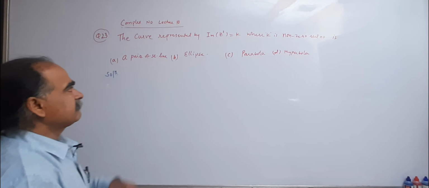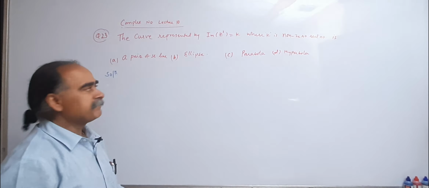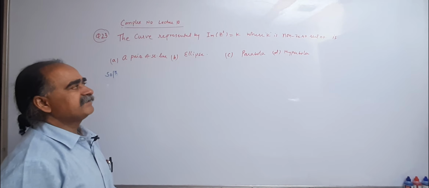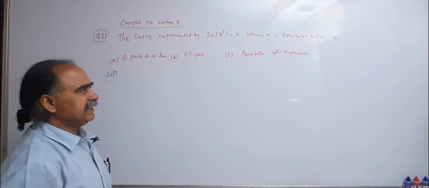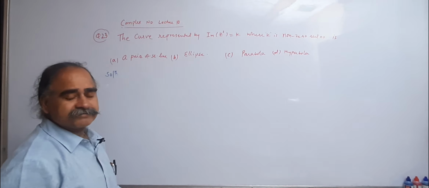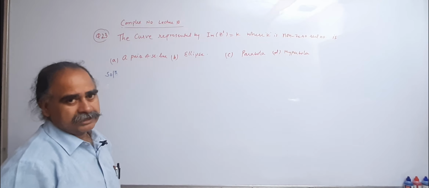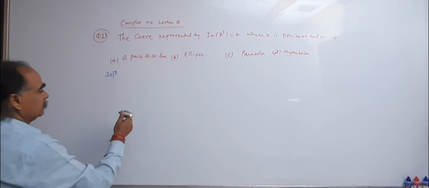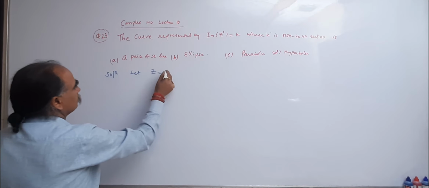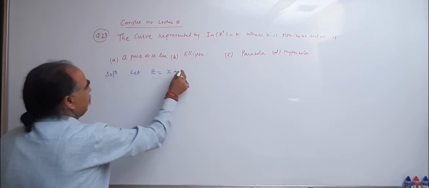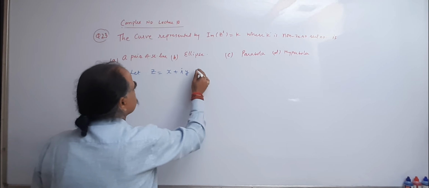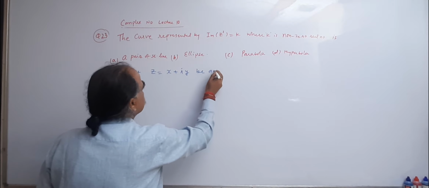The curve represented by imaginary part of z square is equal to k, where k is non-zero real number, is a pair of straight line, ellipse, parabola, hyperbola. Let z is equal to x plus iy be any point on curve.